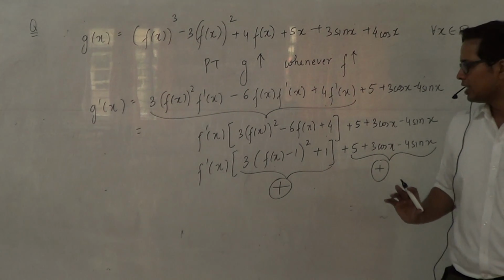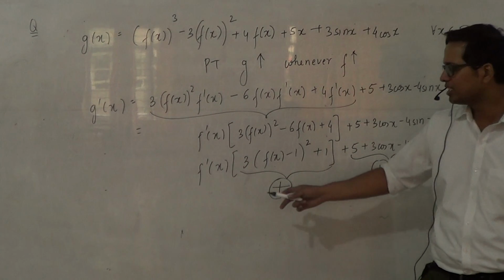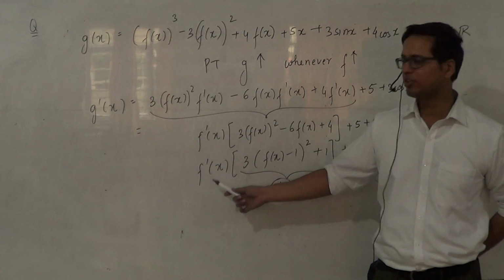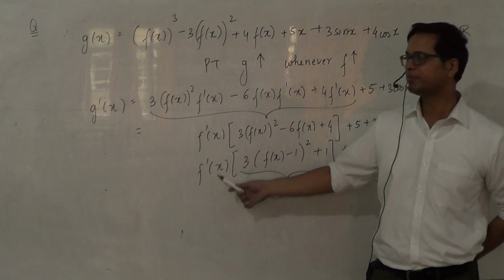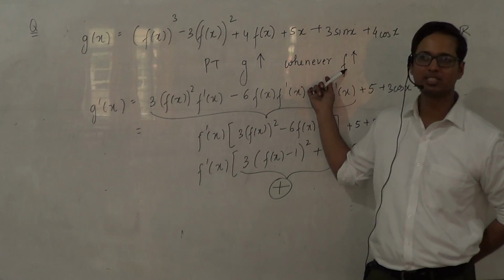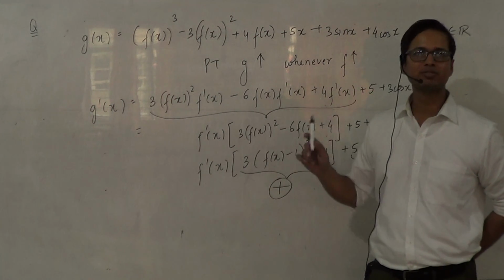Now the only thing that is doubtful is f dash x. So if your f dash x is positive, that means when your f of x is increasing function, won't it make everything positive?